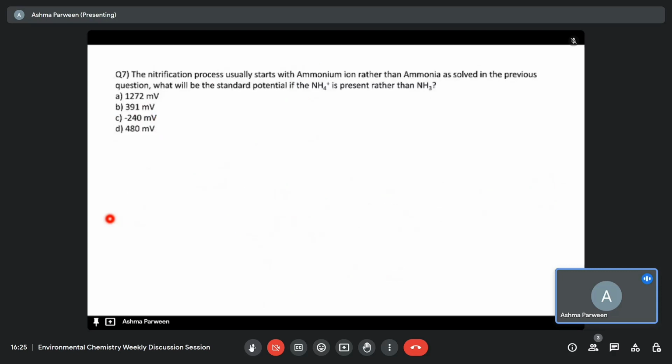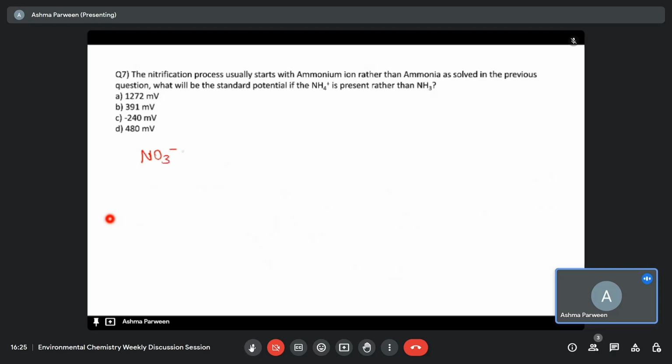The question is: the nitrification process usually starts with ammonium rather than ammonia as in the previous question. What will be the standard potential if ammonium is present rather than ammonia? So we have to find the standard potential if ammonium is present. Let me give you the standard potentials for the reactions.